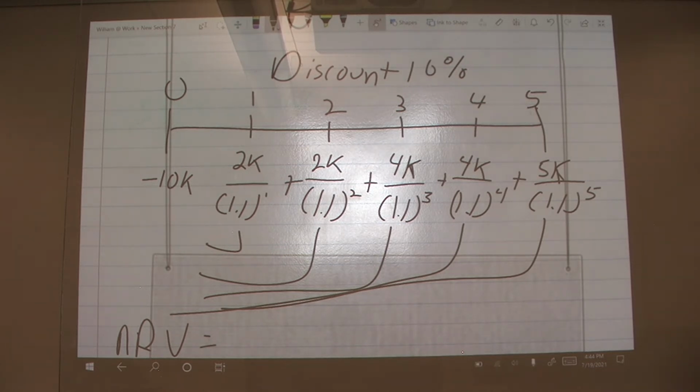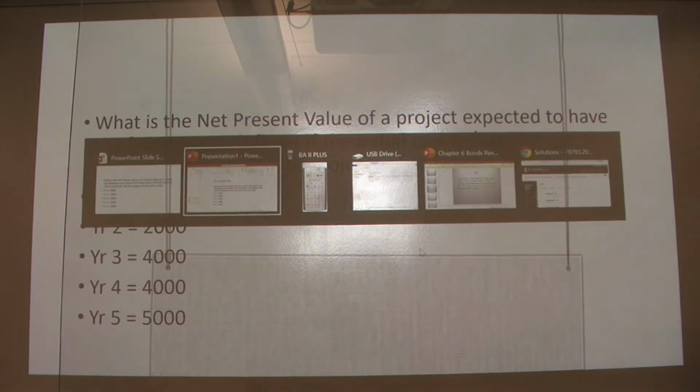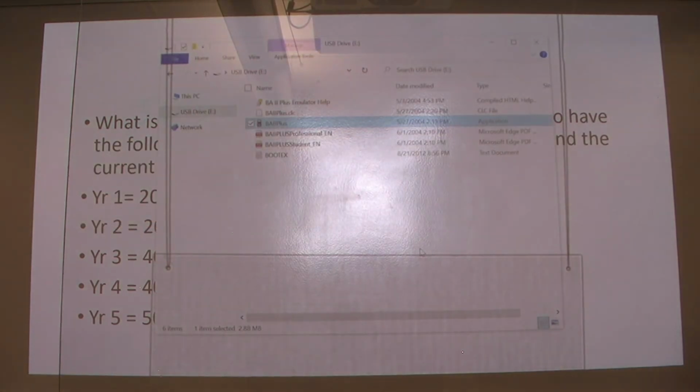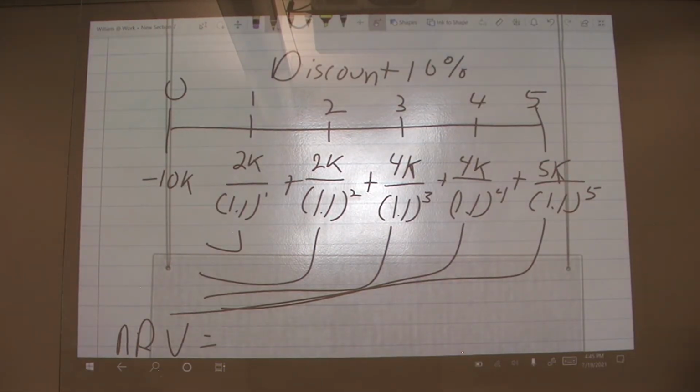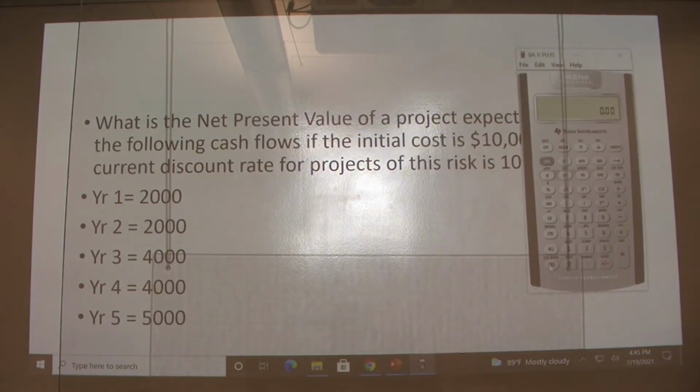and we'll use the cash flow function. All right, so we go to our financial calculator.